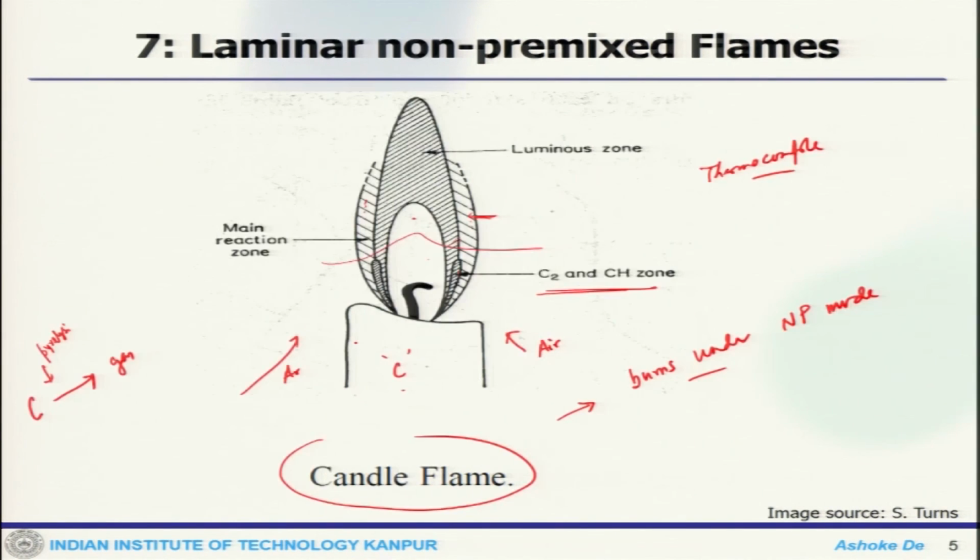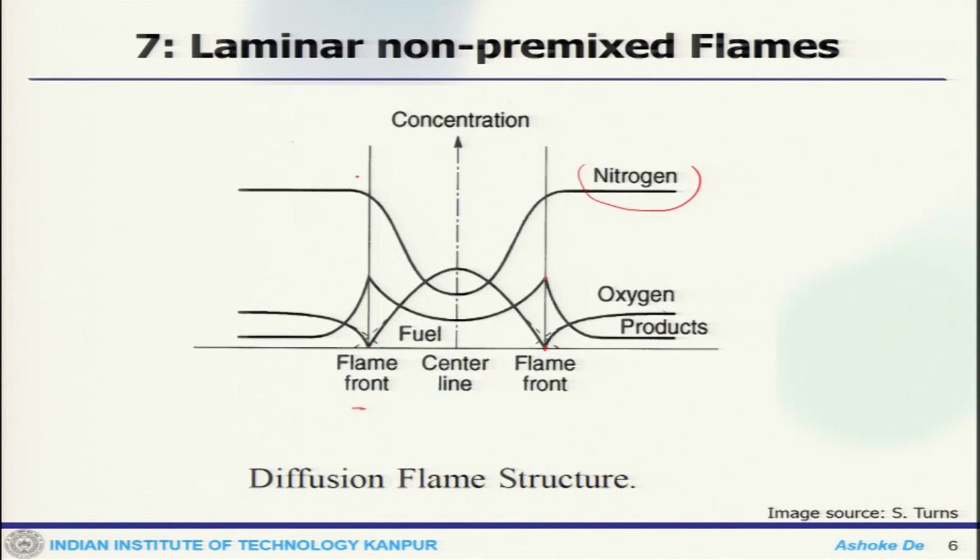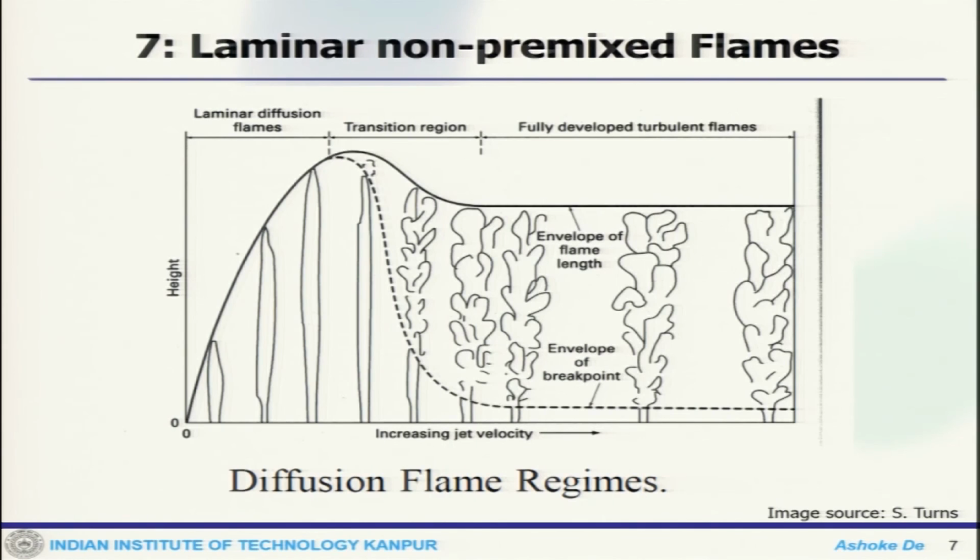These are the points, because this is one area, reaction zone, this is another area. In the reaction zone only you get the products out of that. Now, you can have different diffusion flame regimes, and this is based on the flame height along this.